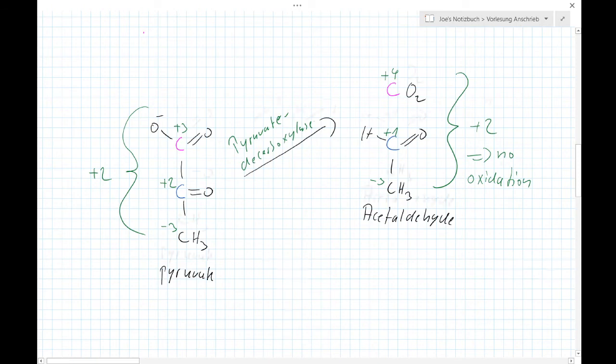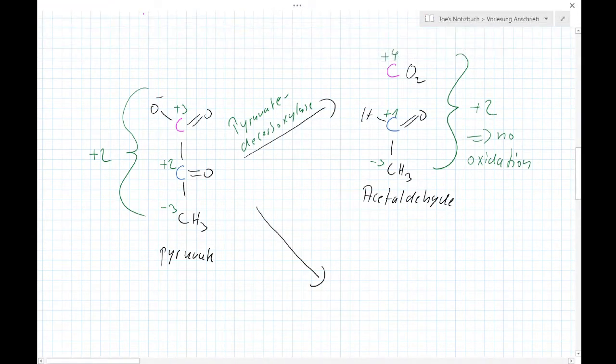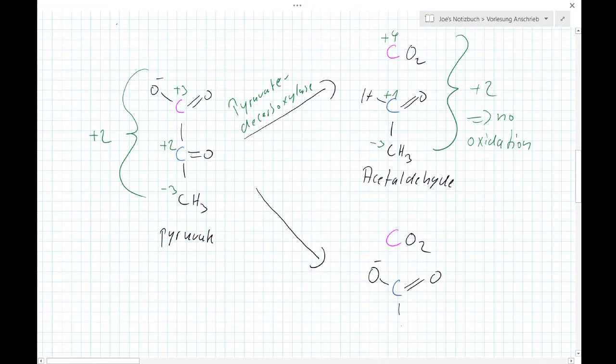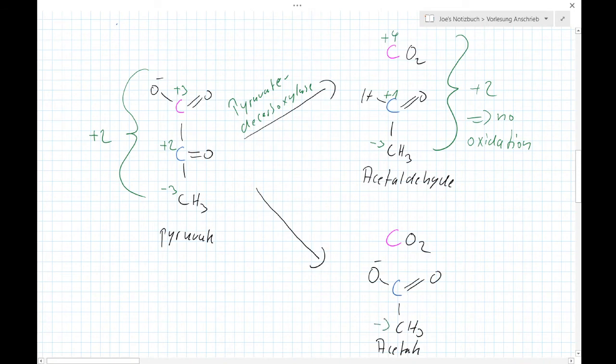Now what happens if I go like this? If I again have a carbon dioxide, now I have here a carboxyl group, CH3. This is of course acetate. And if I put now my numbers, I have here again at the methyl group, nothing has changed. This is -3. At the carboxyl group, it's +3. It's 1, 2, 3-fold 1, +3.